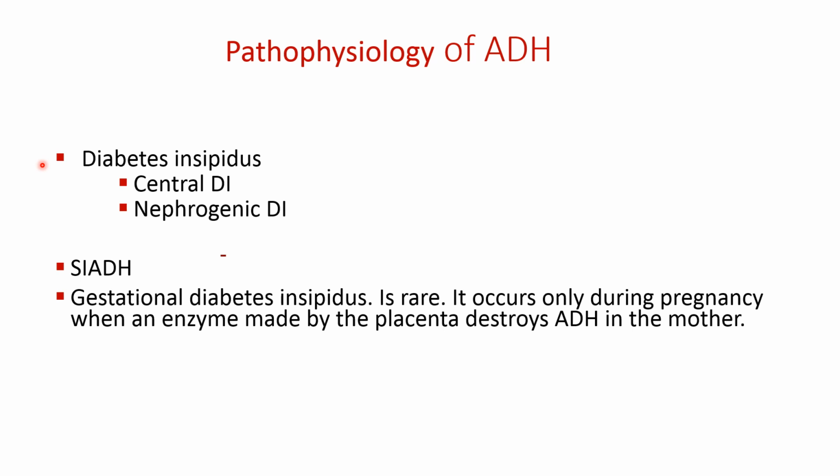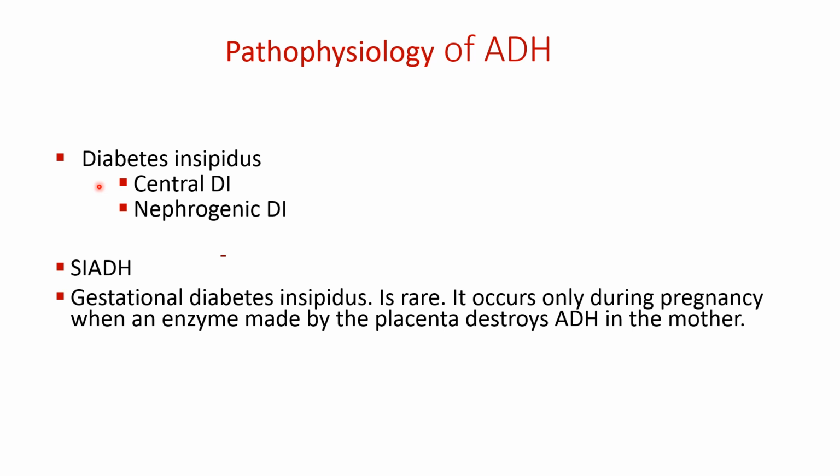We have normal glycemic control, we don't have diabetes, but still people have symptoms of polyuria, polydipsia, they are thirsty, they drink a lot of water, they urinate a large amount of urine, etc. And that's what diabetes insipidus is all about.